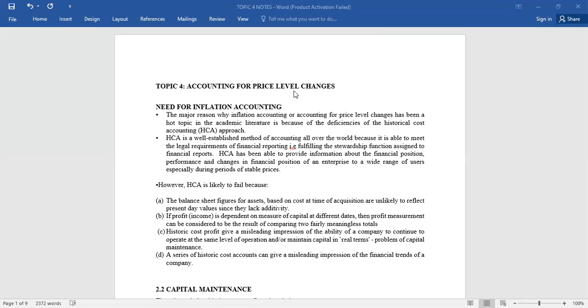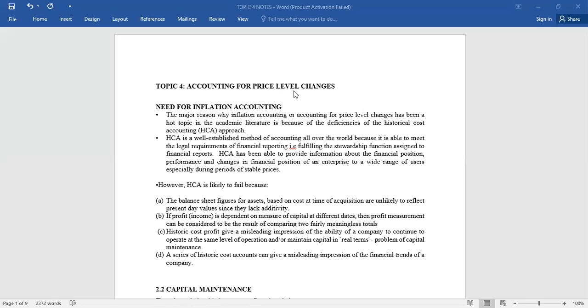Thirdly, historical cost profit gives a misleading impression of the ability of a company to continue to operate at the same level. In other words, we are saying that this company is not growing, so we are retaining what we call the status quo.